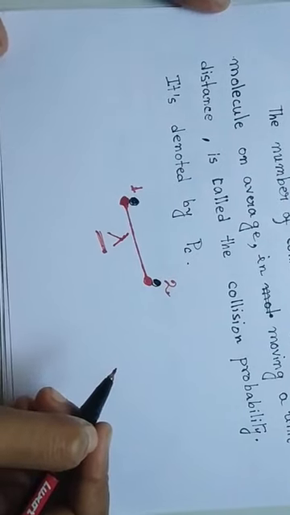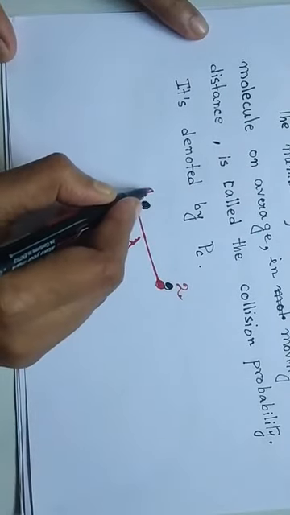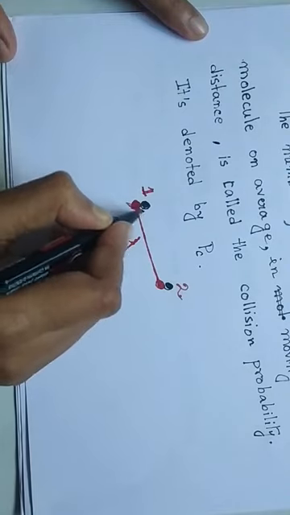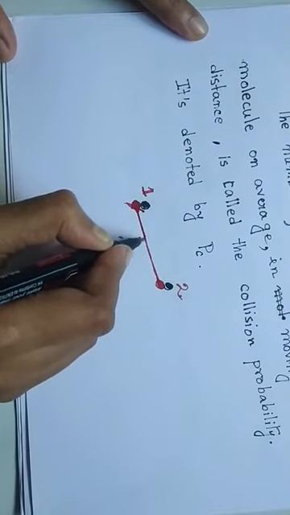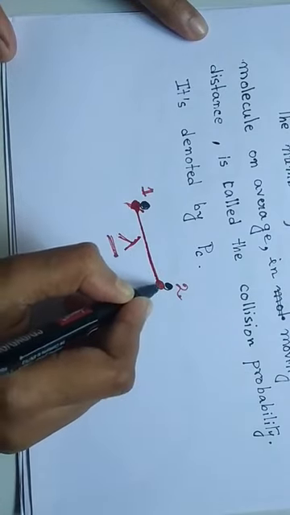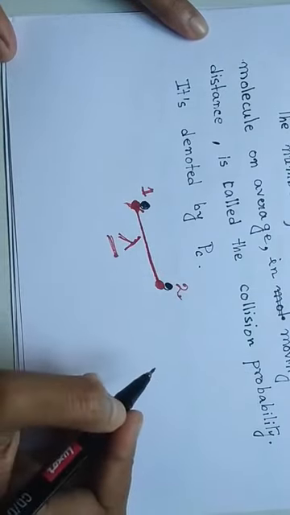So after a molecule suffers one collision, it starts moving, and on average it will travel a distance of lambda before suffering another collision.